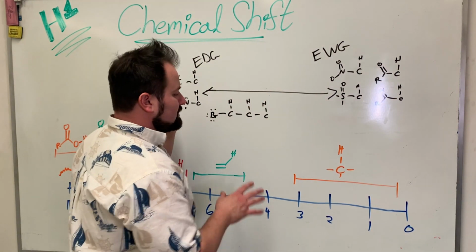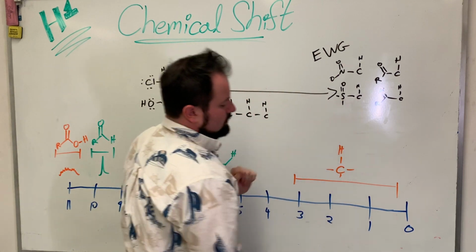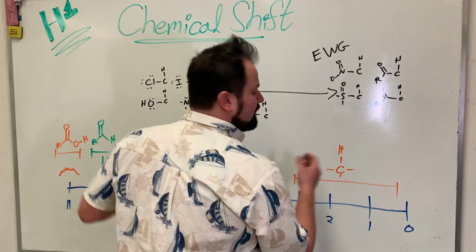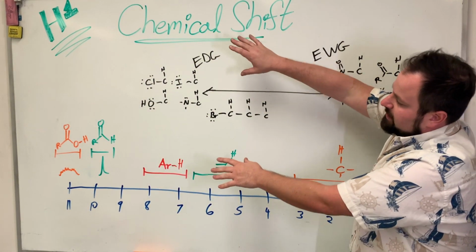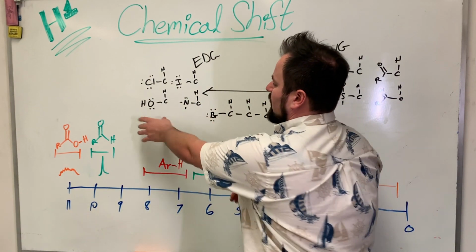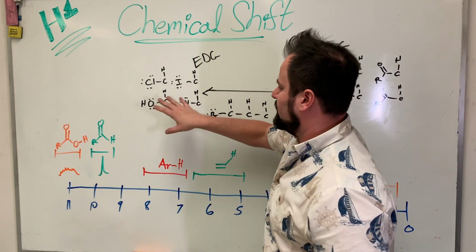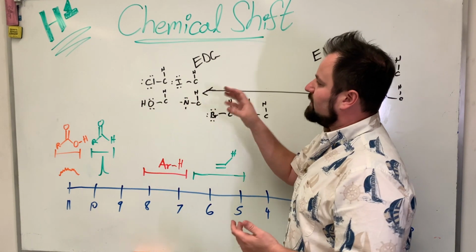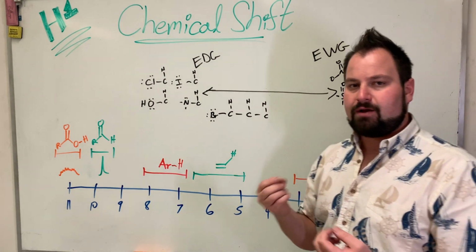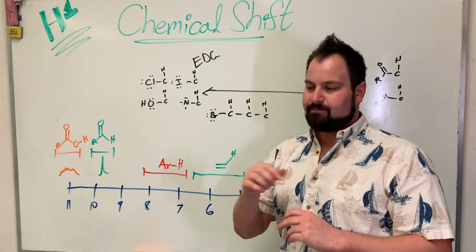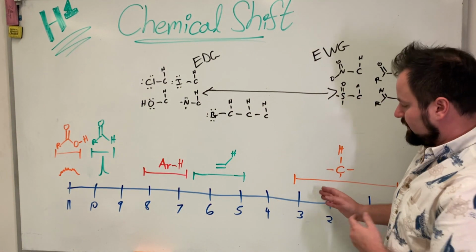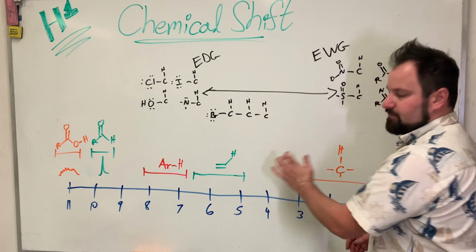If you have any of those, it's going to pull your chemical shift downward, and you'll have a lower than expected shift. If, on the other hand, you have something with a lone pair, a chlorine, iodine, bromine, fluorine, oxygen, nitrogen, something with a lone pair, that will be an electron donating group that will push to a higher than normal chemical shift. In particular, something like this might show up all the way over here.